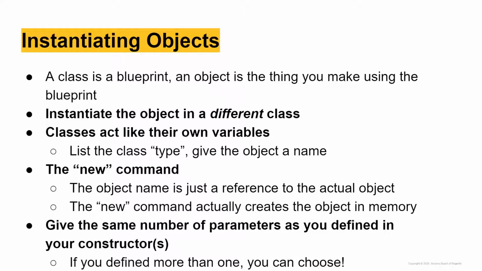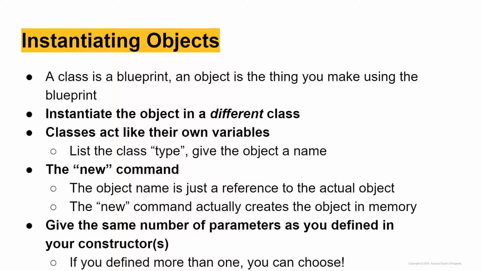All right, let's move on to how to instantiate objects using those constructors we just made. A good way to think about a class is like a blueprint for a building or a car or some kind of physical object. It isn't the object itself, it's just the plan, the framework for how to make something. And then the object is the thing, the physical car or house that you actually make using that blueprint.